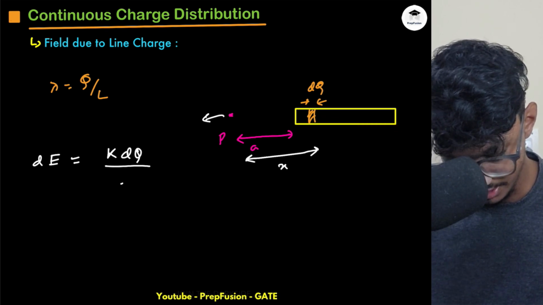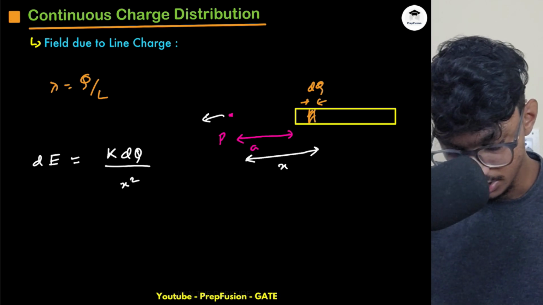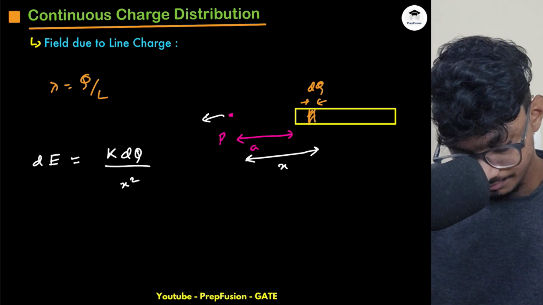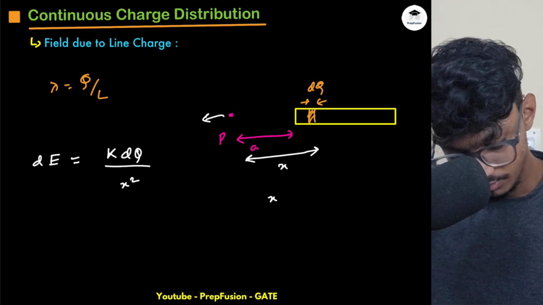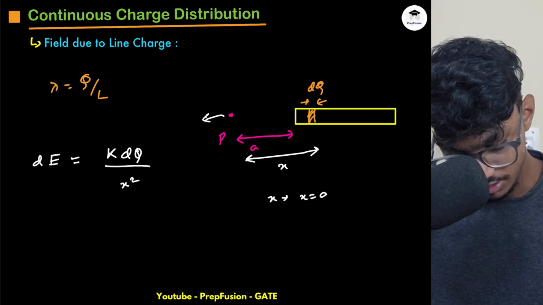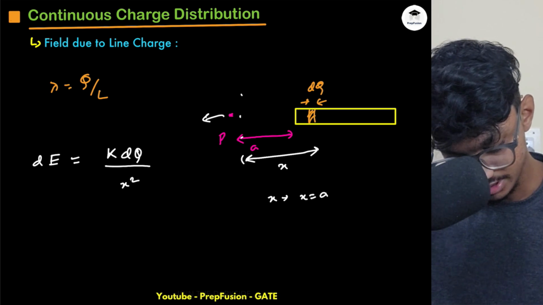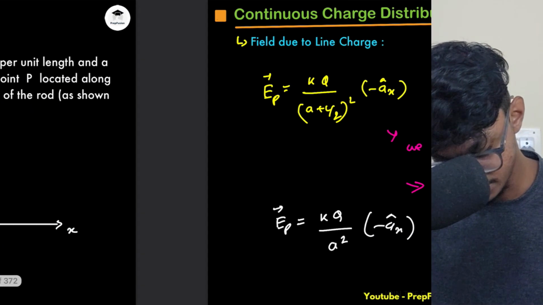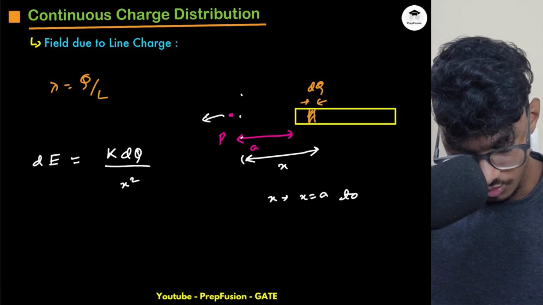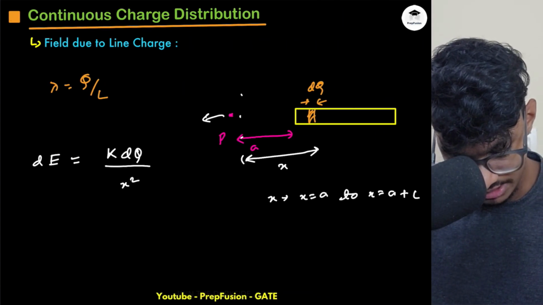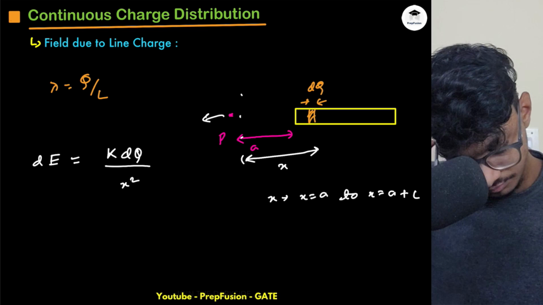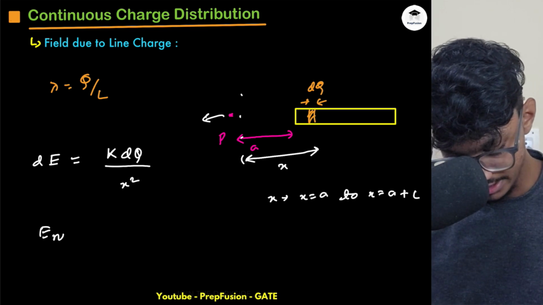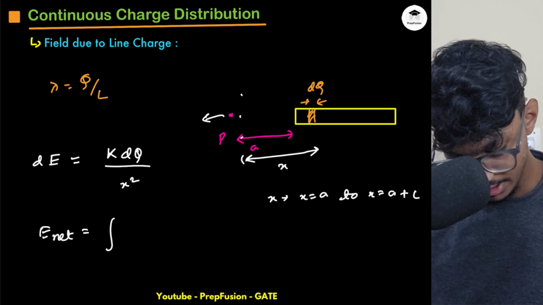My x will vary from x equals A, taking this as the origin, to x equals A plus L. So here E net will be the integration.